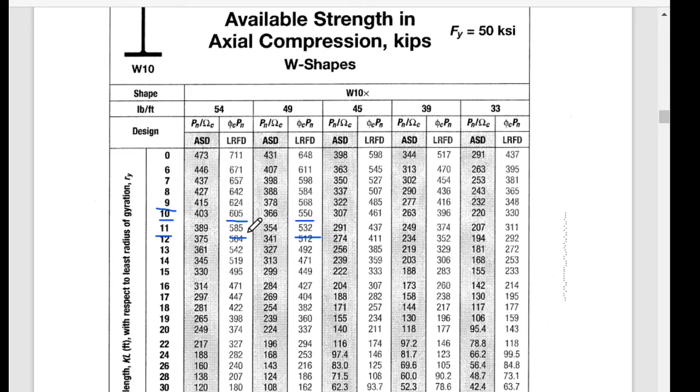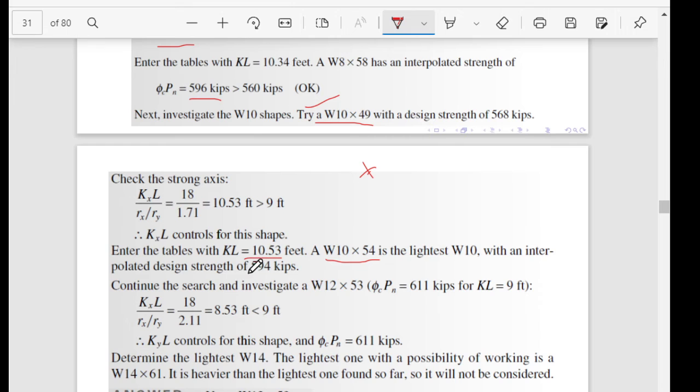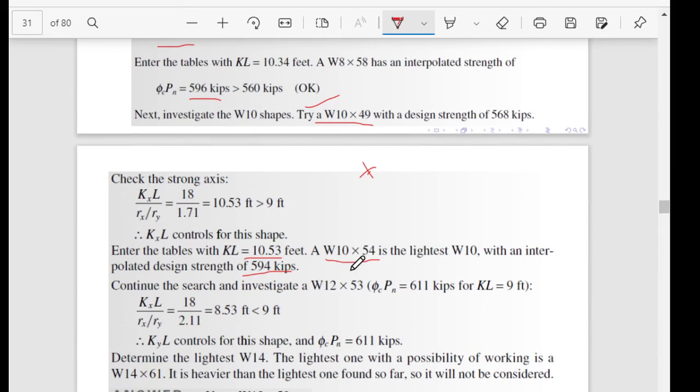So what is the value of the design strength at KL 10.53? By interpolation, let's go straight to it. If you study it, we will get this value, 594 kilopounds, which is greater than 560. So, this is also okay.